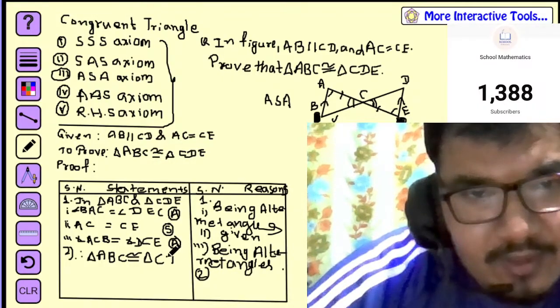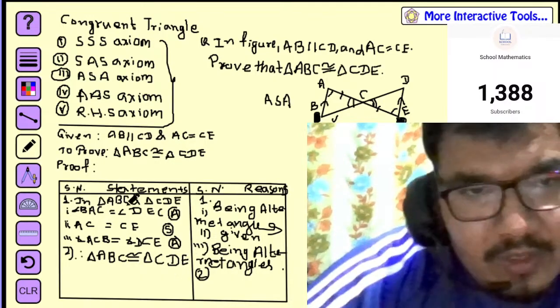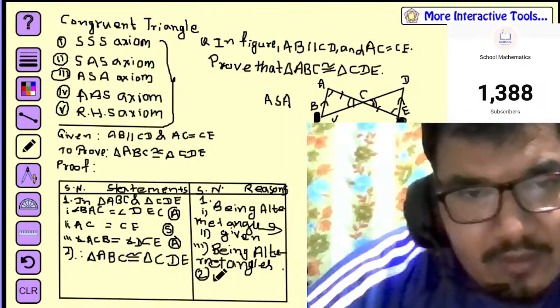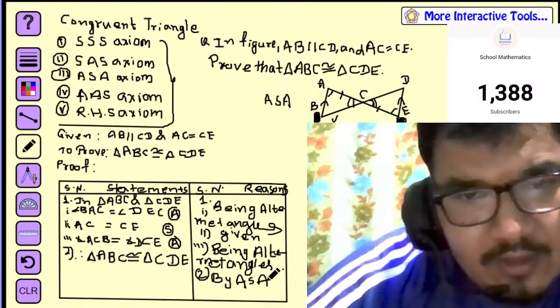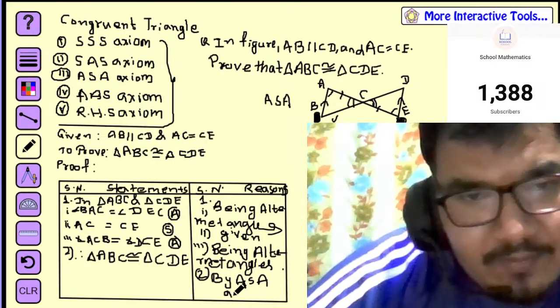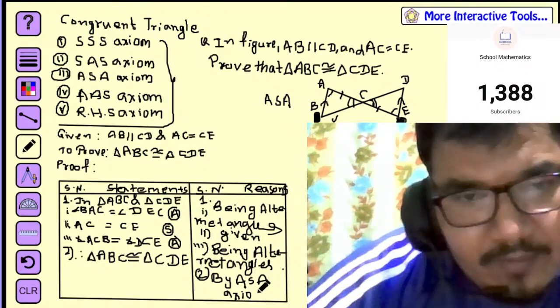That triangle name is CDE. These two triangles are congruent by the ASA axiom, angle, side, angle axiom.